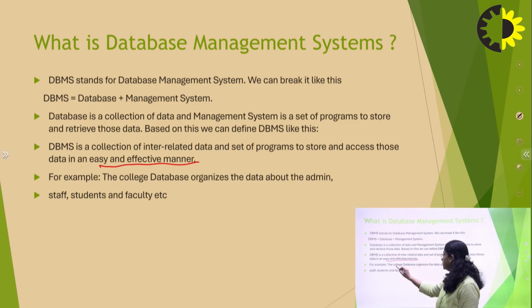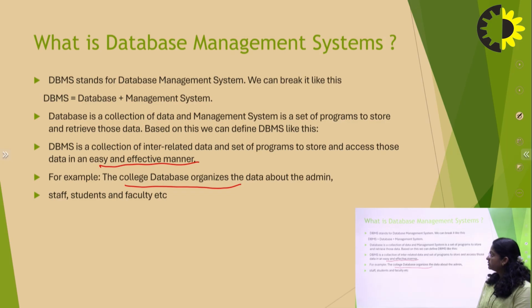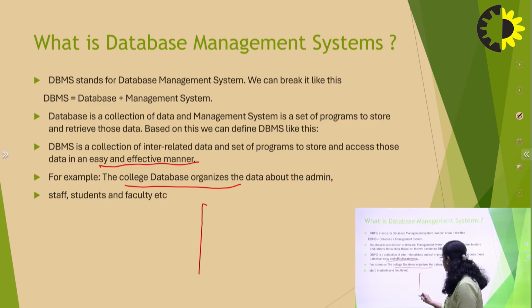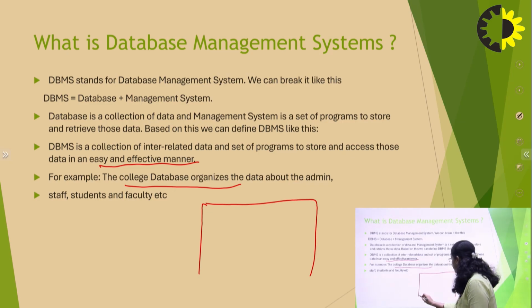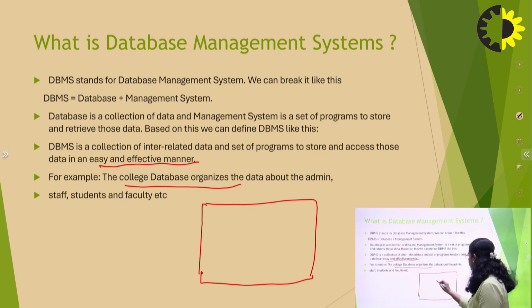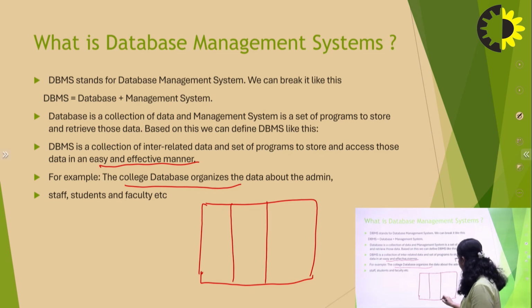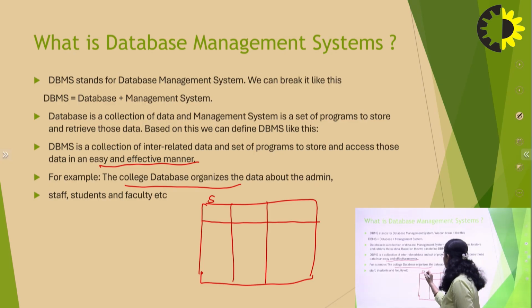For example, the college database organizes the data about the admin, staff, student and faculty. So, in database management system, we store data in a tabular manner like this. Suppose you have a table Student, in which ID, name and address.